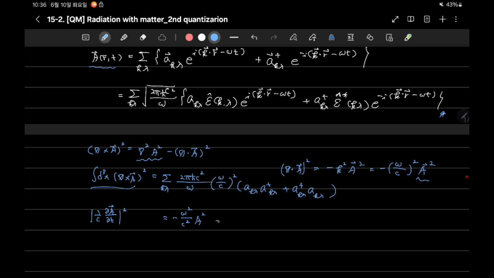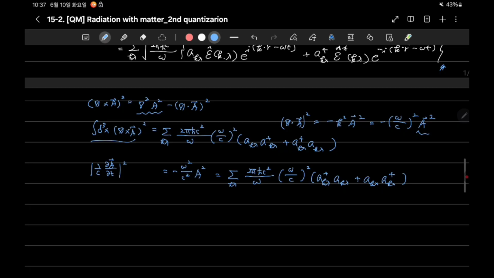So it is the summation over k lambda of 2 pi h bar c squared over omega, then omega squared over c squared, times a_k lambda a_k lambda dagger plus a_k lambda dagger a_k lambda.